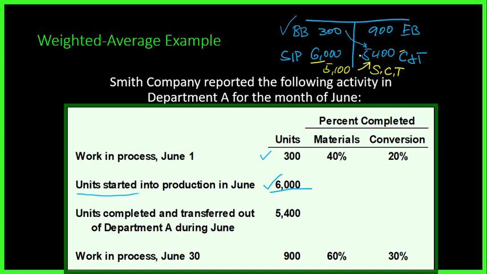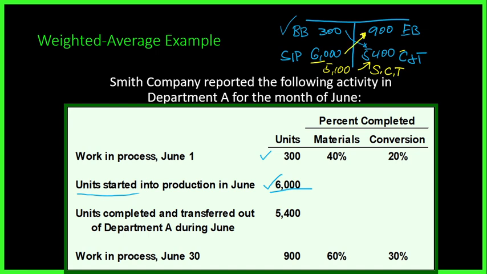Let's try to analyze this. If 300 was already completed, it is included there. And then, since you completed 5,400, the difference, which is 5,100, will come from the 6,000. And the difference of these two, if 5,100 of that is completed, the difference is 900.